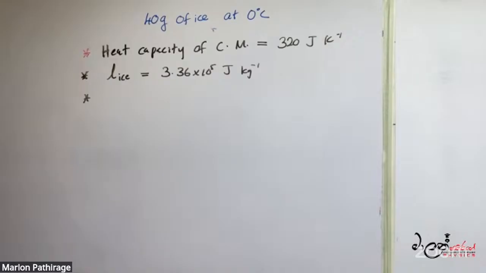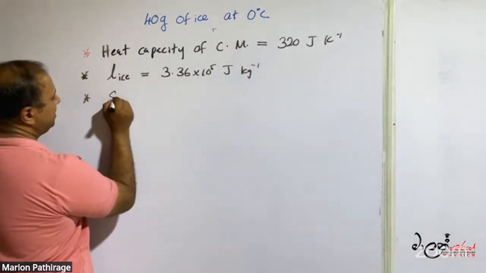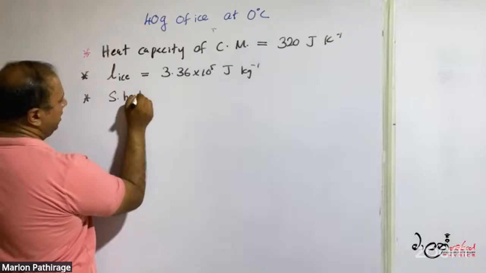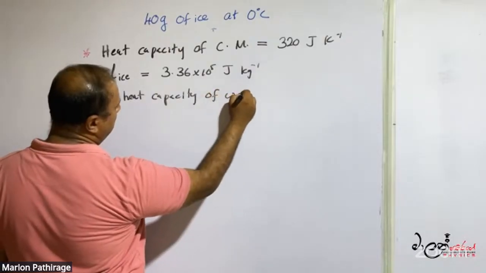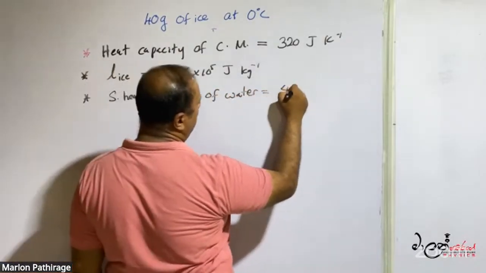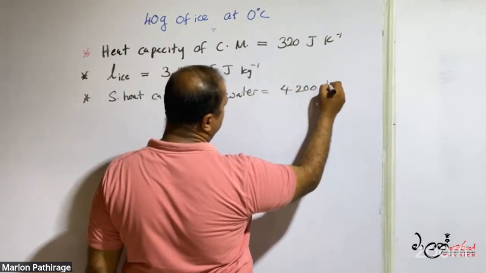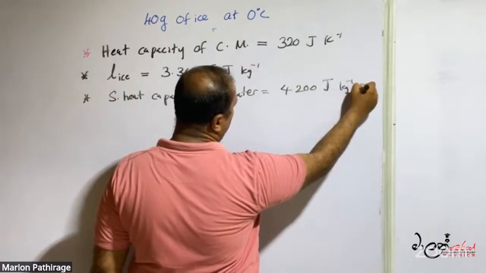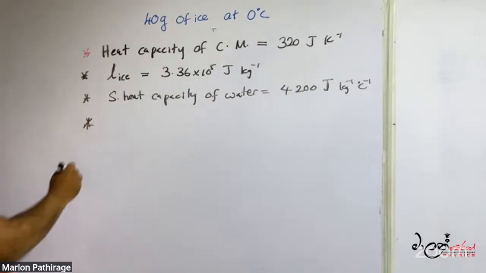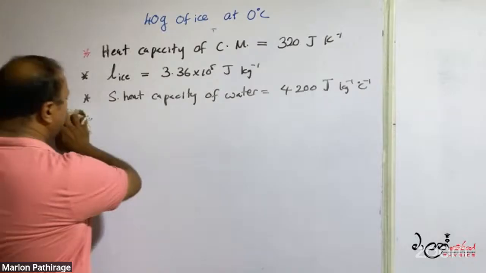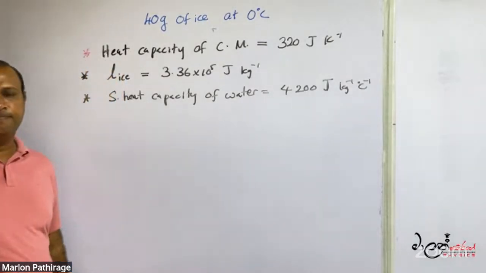The specific heat capacity of water is 4,200 joule per kilogram per Kelvin or Celsius. You need to calculate the final temperature of the system.